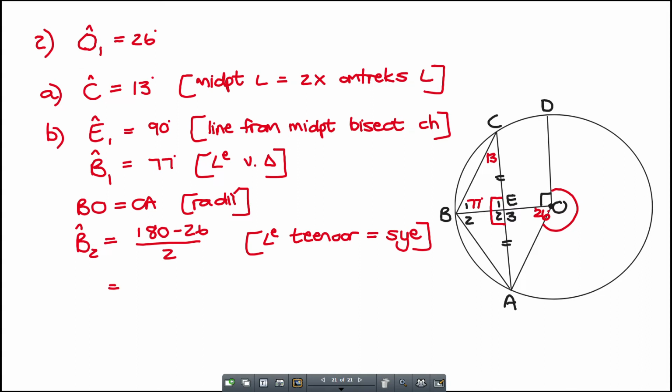En is dit 77? Ja, 77. So therefore C of ABC gaan dan wees 77 plus 77. So 154.